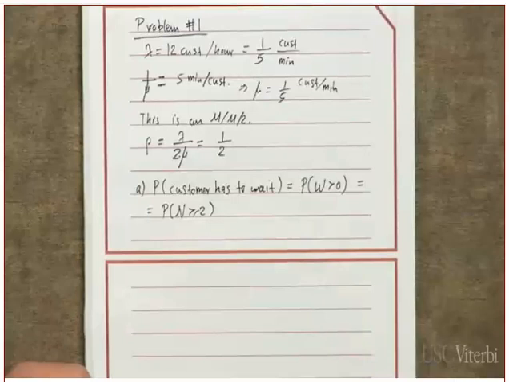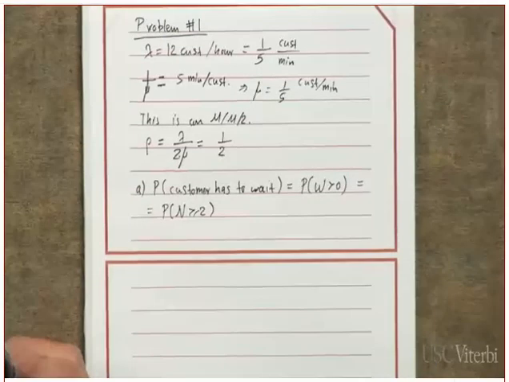And here we just substitute. This is equal to 1 plus 4 rho squared over 2 plus 2 rho, all to the power of minus 1.